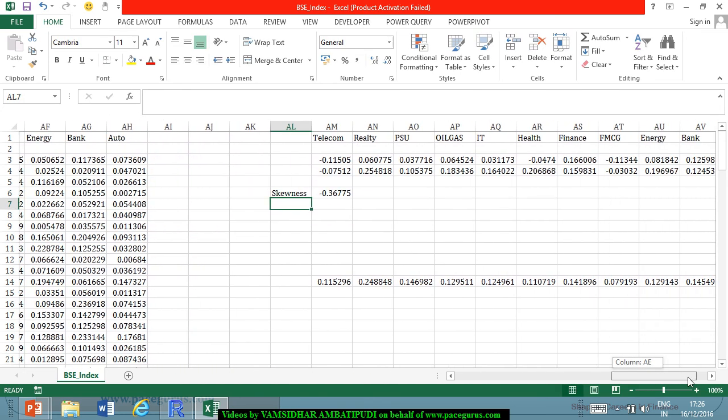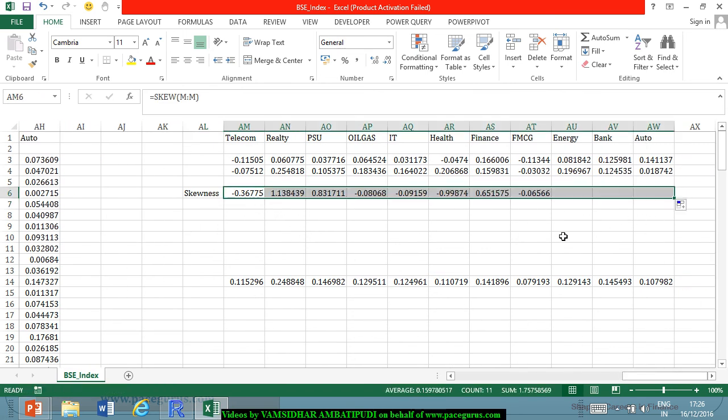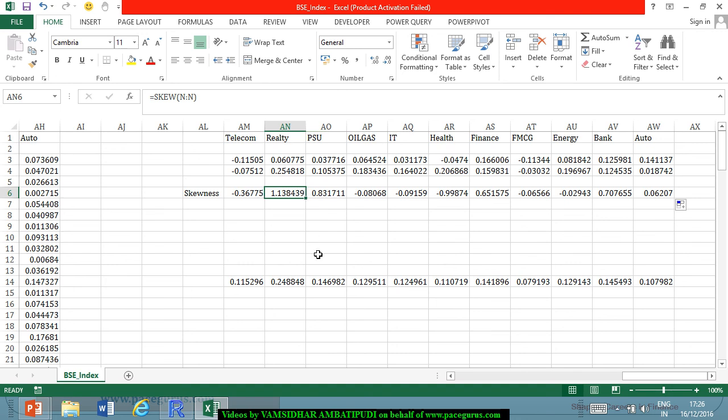For the telecom sector, it looks like a negative value. Almost all the sectors, except a few, are positively skewed. PSU is positively skewed, but oil and gas is negative, IT is negative, healthcare is negative. Majority of the sectors should generally showcase negative skewness, but here some sectors have positive skewness.